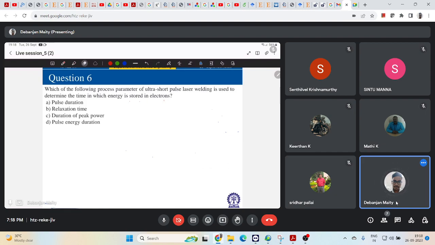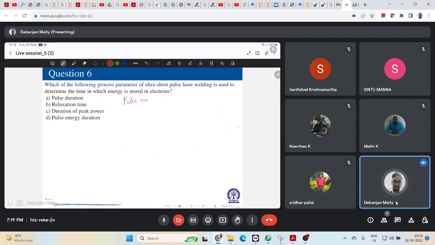What about this one? Which of the following process parameters of ultra-short pulse laser welding is used to determine the time in which energy is stored in electrons? Okay, can you first tell me what are the different process parameters over here? So you have pulse energy.